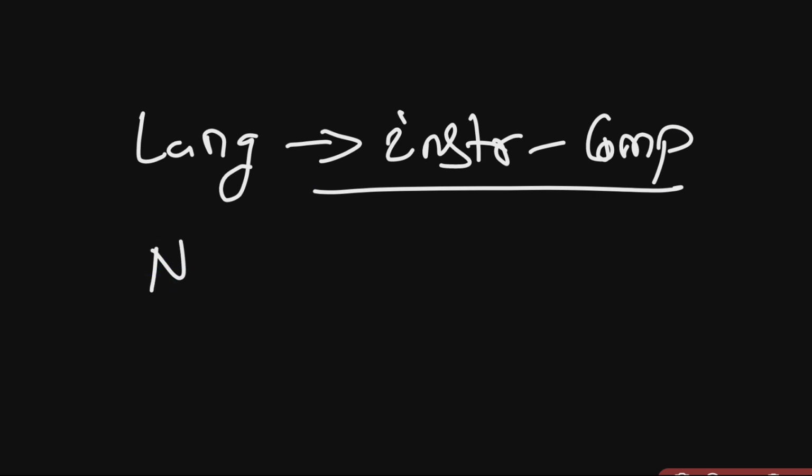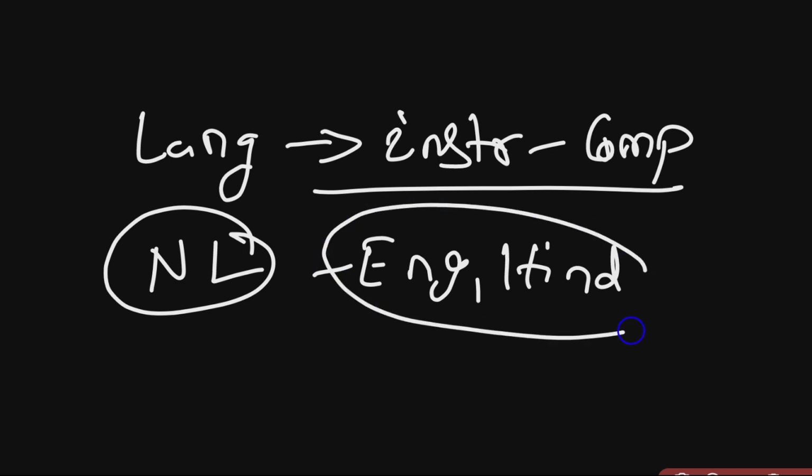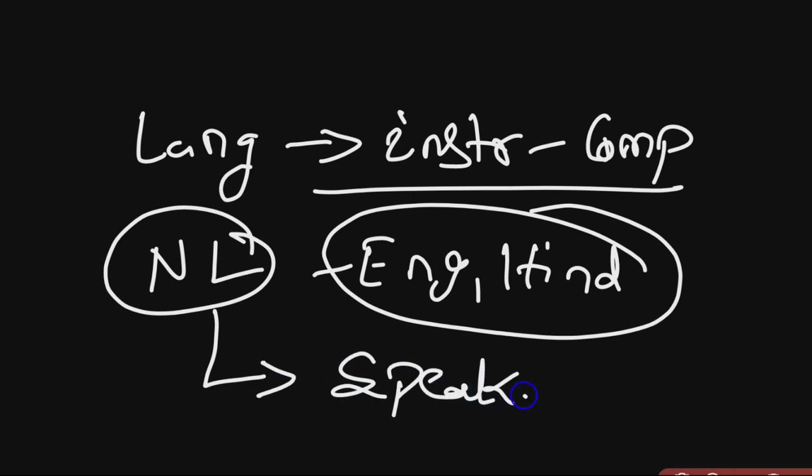We have natural languages like English, Hindi, Kannada, French, Spanish, Tamil, Telugu. All these are called as the natural languages. Using these natural languages, we are going to speak to the people. We are going to give instructions to the others.